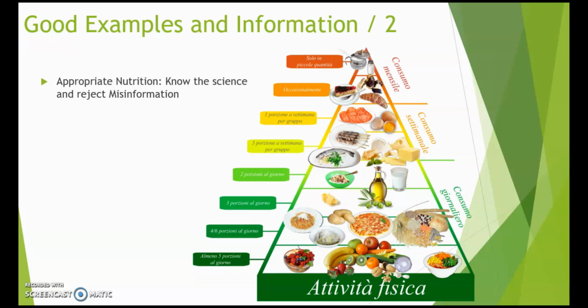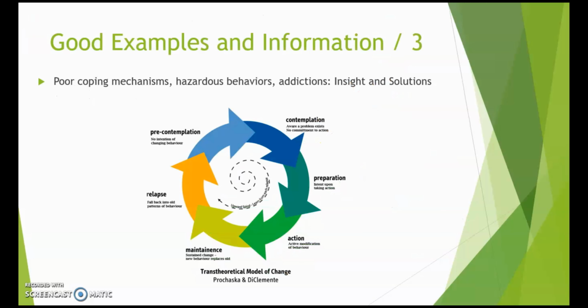The next part, and the last part for good examples of information, is addiction and recovery. Now, we can talk about addiction and recovery from a variety of perspectives, but in healthcare, health-damaging behaviors are extremely important: poor coping mechanisms, hazardous behaviors, and addictions, insights and solutions.